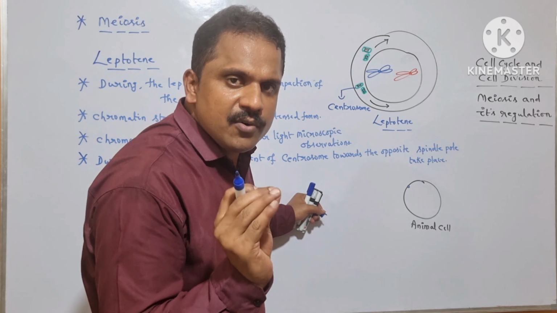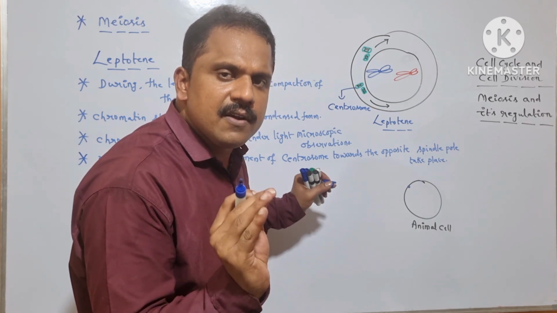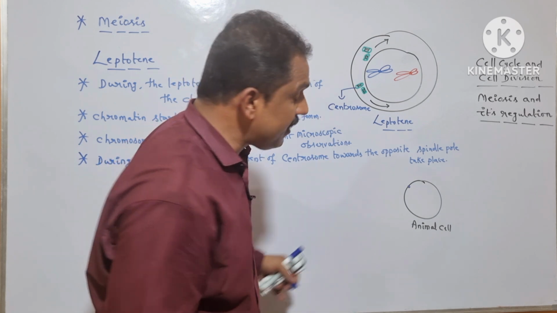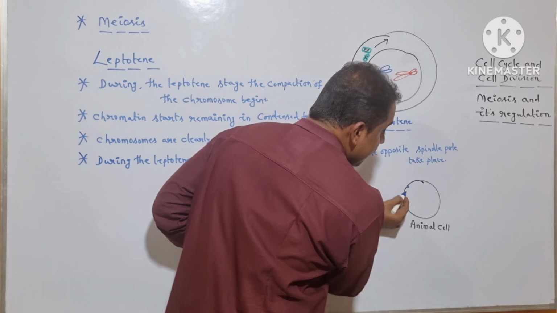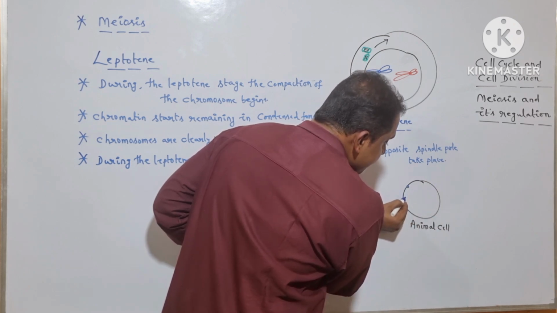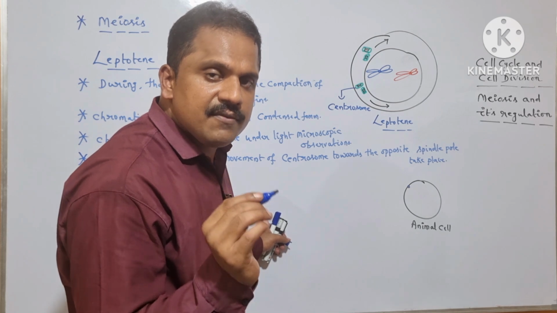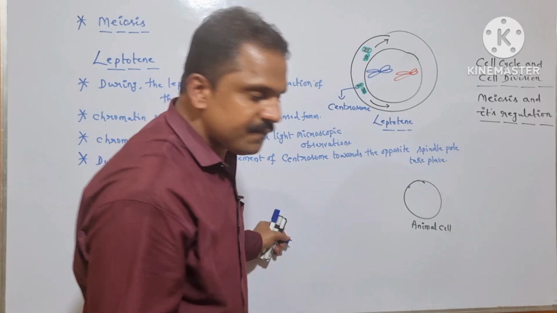So what is a bouquet here? A bouquet is nothing but a bunch of flowers, right? A group of flowers can be considered as a bouquet. In the same way, when many chromosomes aggregate together in accordance with the direction of the centriole, it resembles the shape of a bouquet.